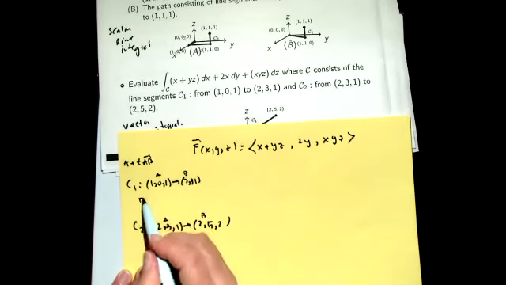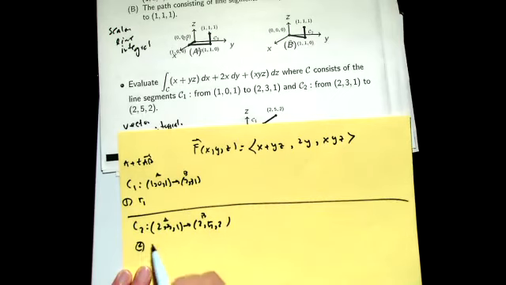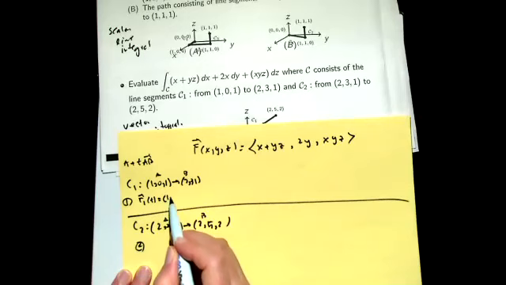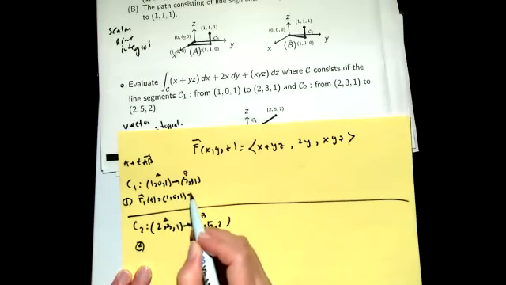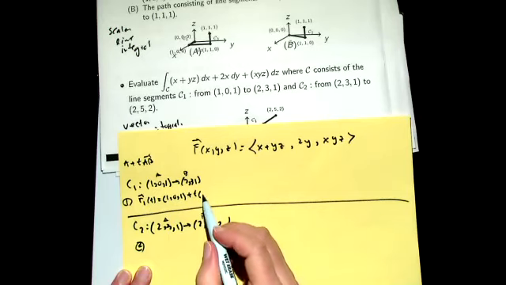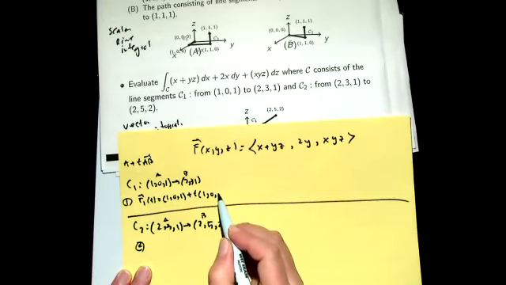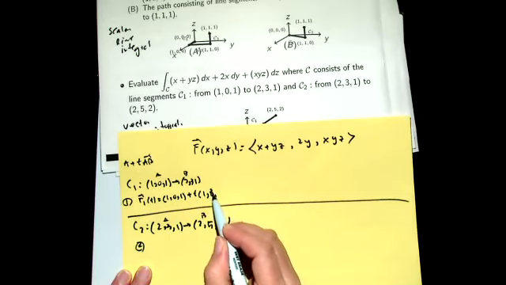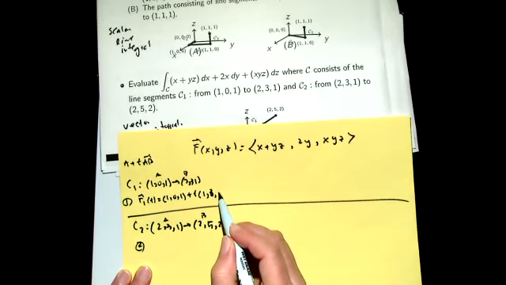So R1 of T is going to be the first point plus T, the difference of the two, which is going to be 1, 3, 0, right? Am I missing something?